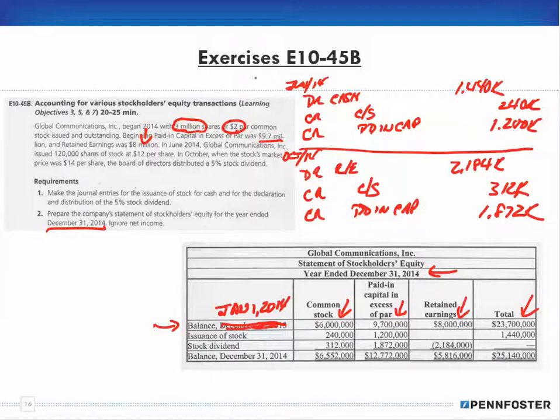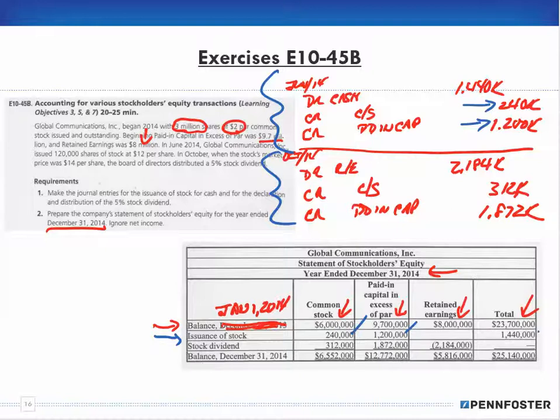Now we have to take into consideration these two journal entries. So we're issuing the stock, and we've created an additional $240,000 worth of stock, and we had an additional 1,200,000 of paid-in capital for the issuance of the stock.